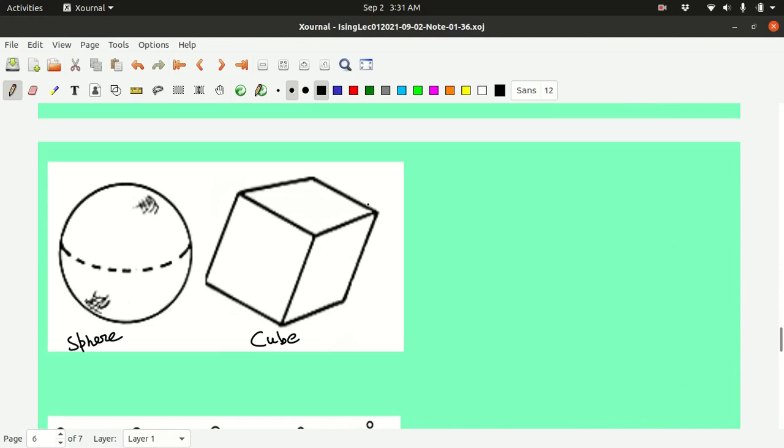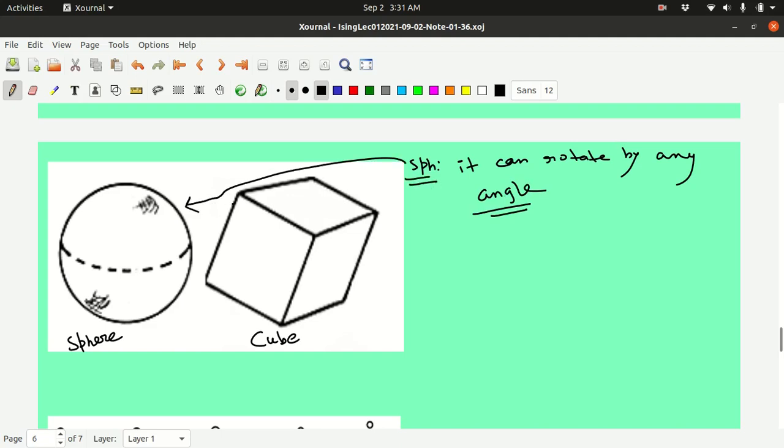Now as you can see, in the sphere case, it can rotate by any angle, right? If you rotate the sphere, it will be the same as it was earlier.